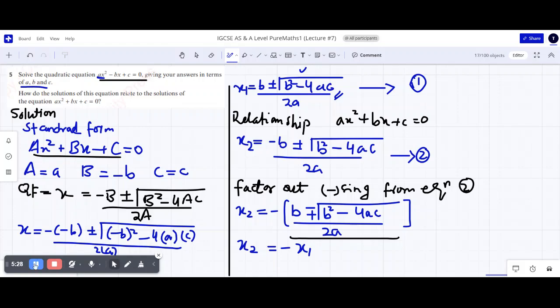This negative sign basically represents that both solutions are opposite to each other. The values are the same, but there we got the negative sign. So the negative sign means these are exactly opposite solutions to each other.